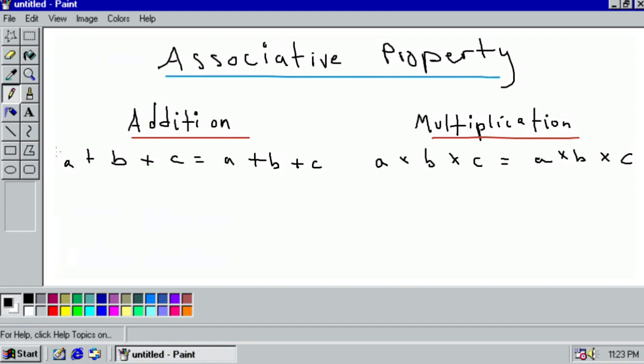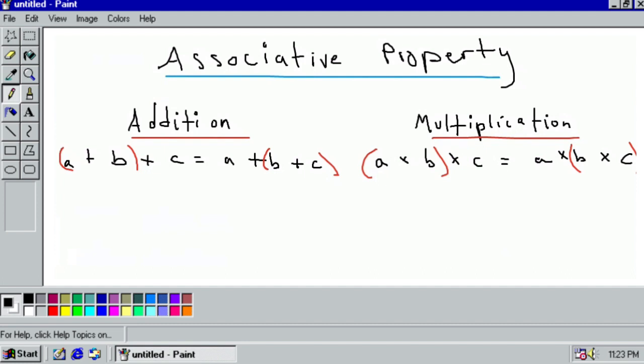Let's group this one, but on the other side it is different. Let's group the other side as b and c, like here, and the same goes here and here. So this is the associative property.